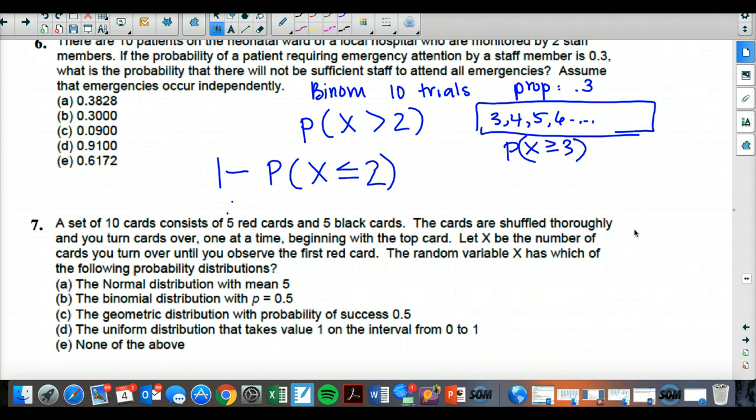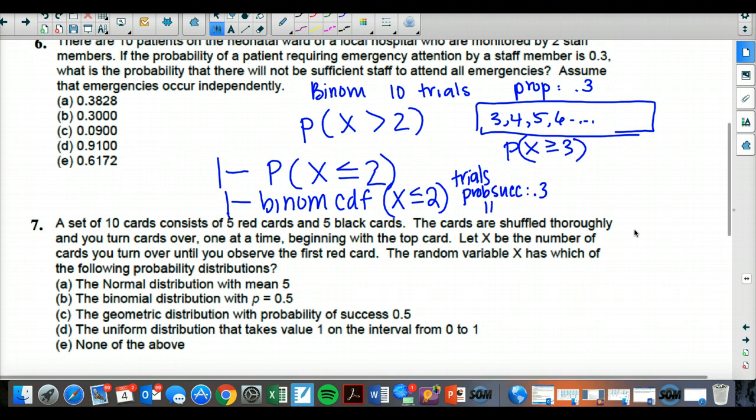So I want 1 minus binom CDF that X is less than or equal to 2. There are 10 trials, the probability of success is 0.3, and the number of successes is 2. Because that would mean there's more need than there are people on the floor.